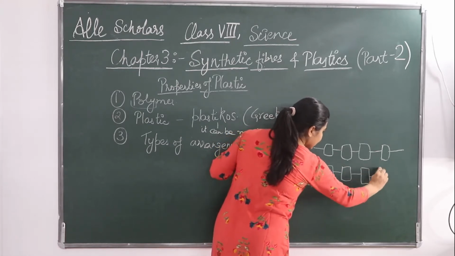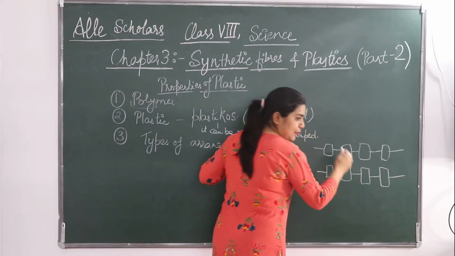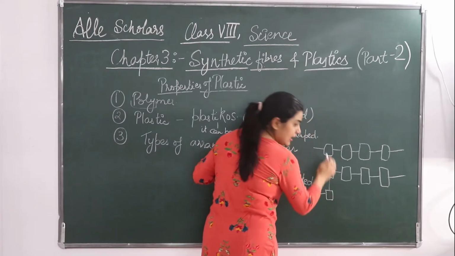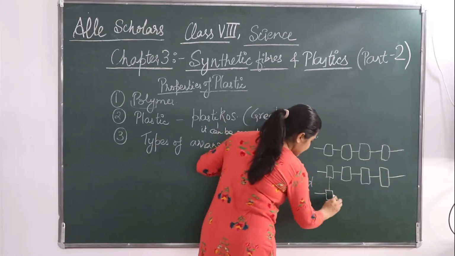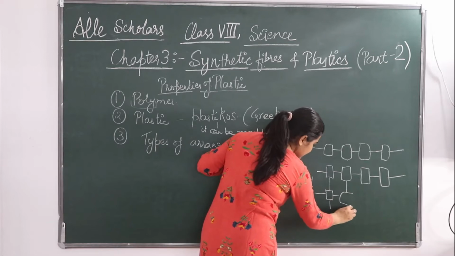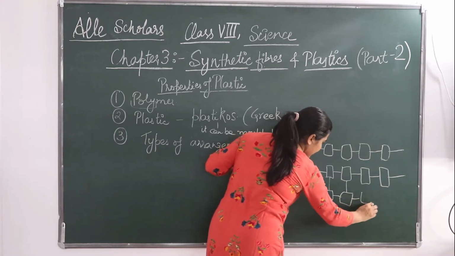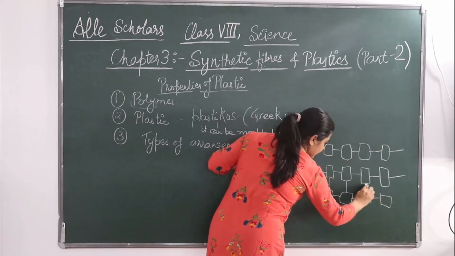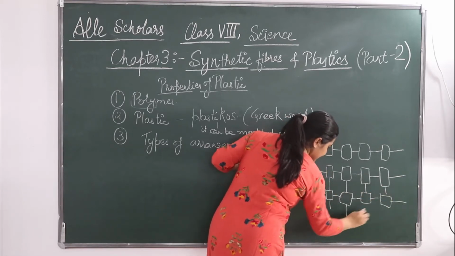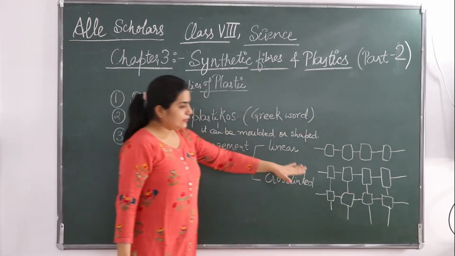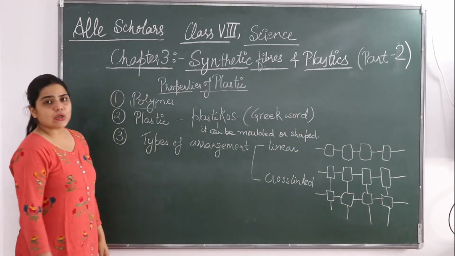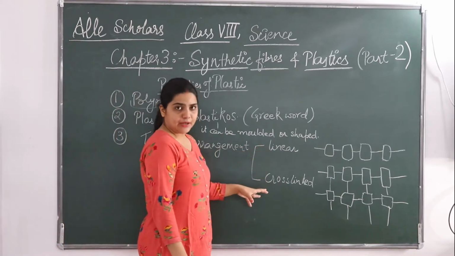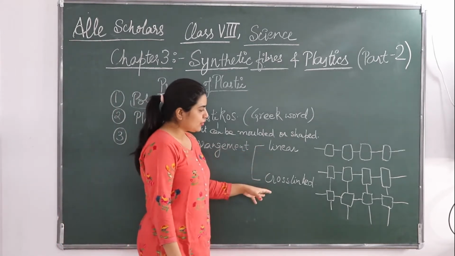When it comes to cross link, you will see that here again small units are arranged like this. So this second type of arrangement is a cross-linked arrangement. Basically two types of arrangement: linear and cross-linked.